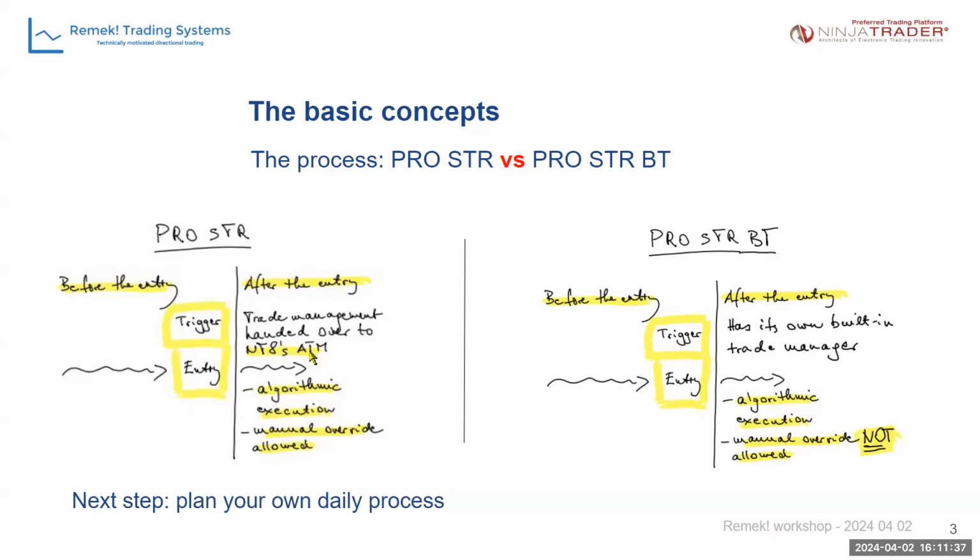Yes, it's 10 ticks, but it's a completely different animal. So what's the result of this? If you trade several instruments, then most likely you will have to devise a separate ATM set of rules for each instrument you trade, because you can't just use your NQ trailing rules on GC or ZB or ES or something else.